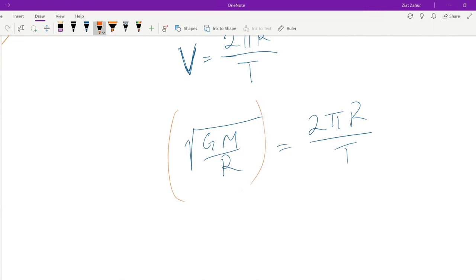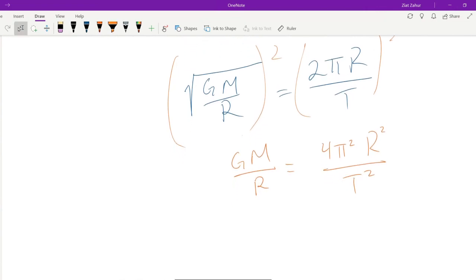Let's go and square both. You get G, mass of the star, over the distance, radius, is equal to 4 pi squared r squared over T squared.